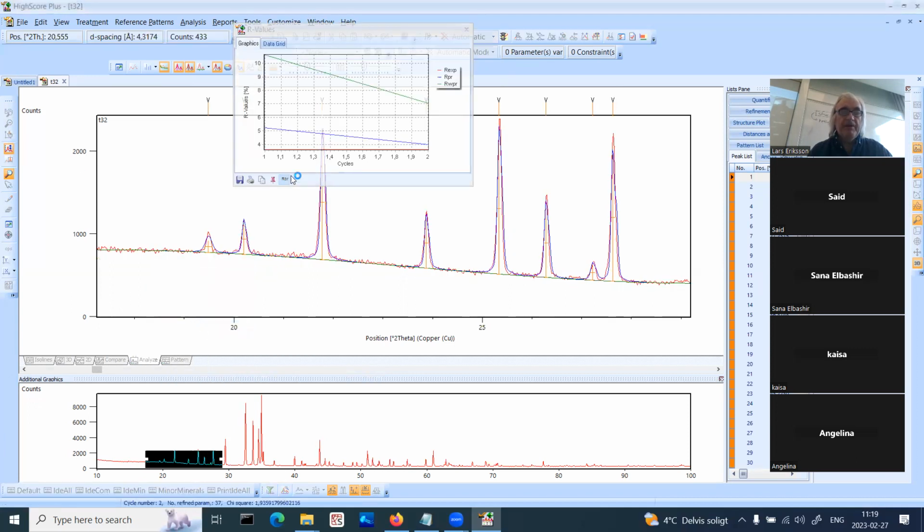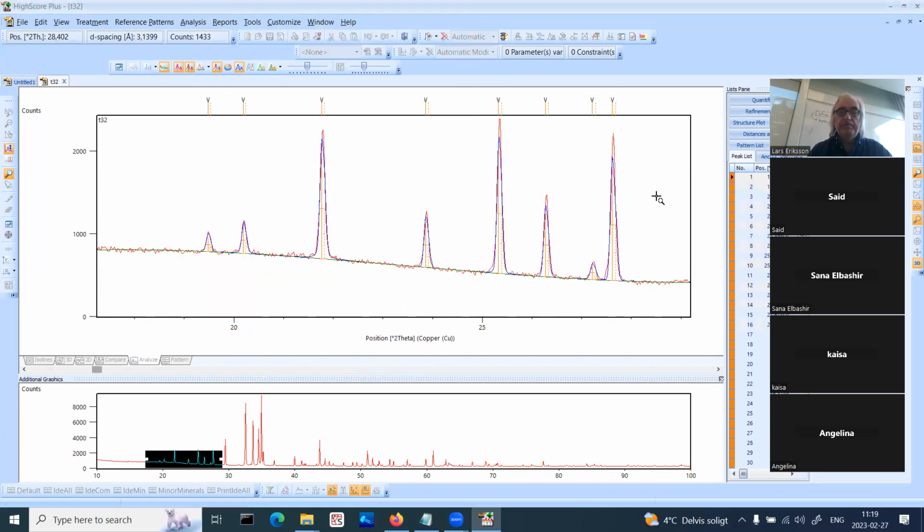Fit profile, and these peak positions are very good. In HighScore, the T32.asc, then I open it.